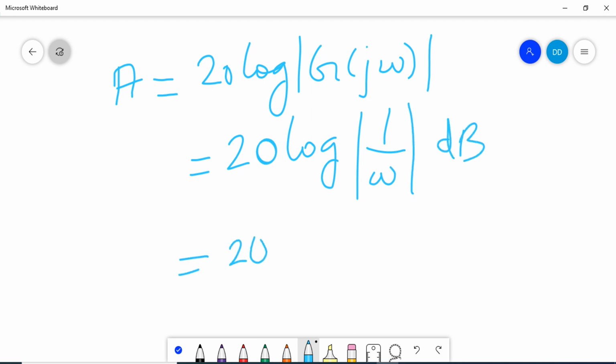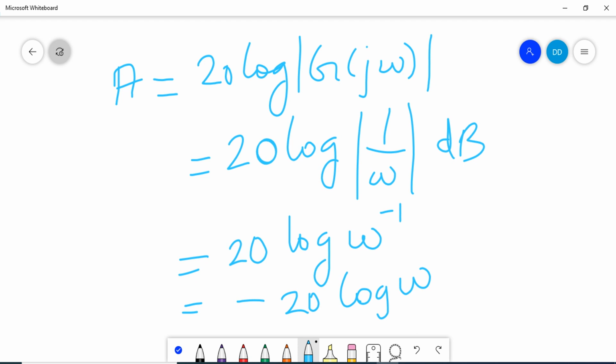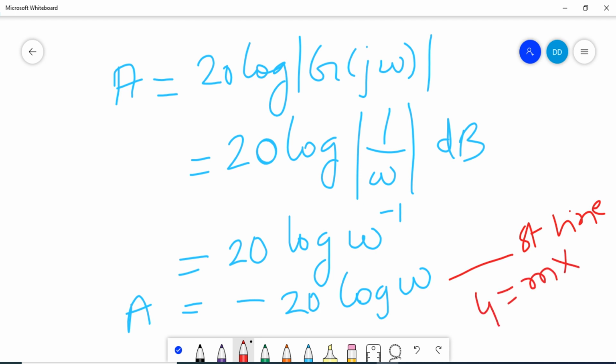This can be written as 20 log omega to the power minus 1, or minus 20 log omega. That means this particular magnitude is a straight line of the form y equal to mx with slope m equal to minus 20.